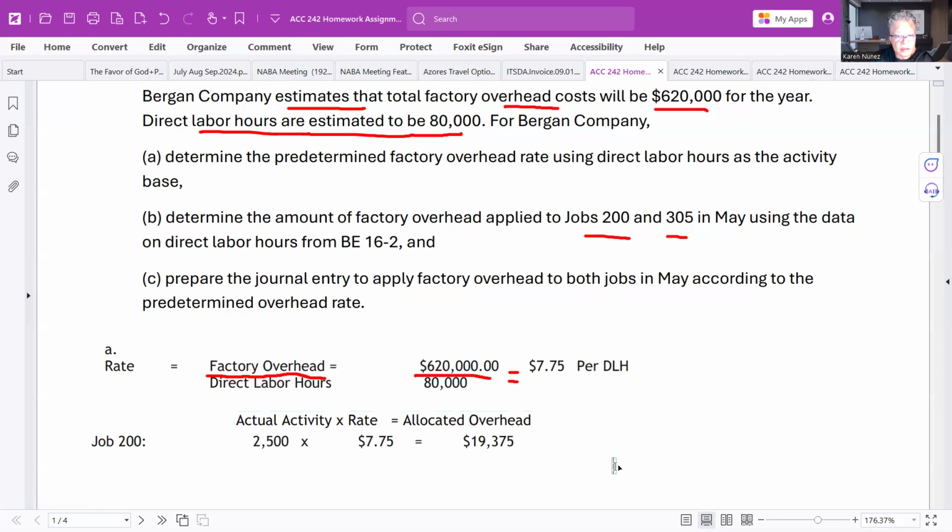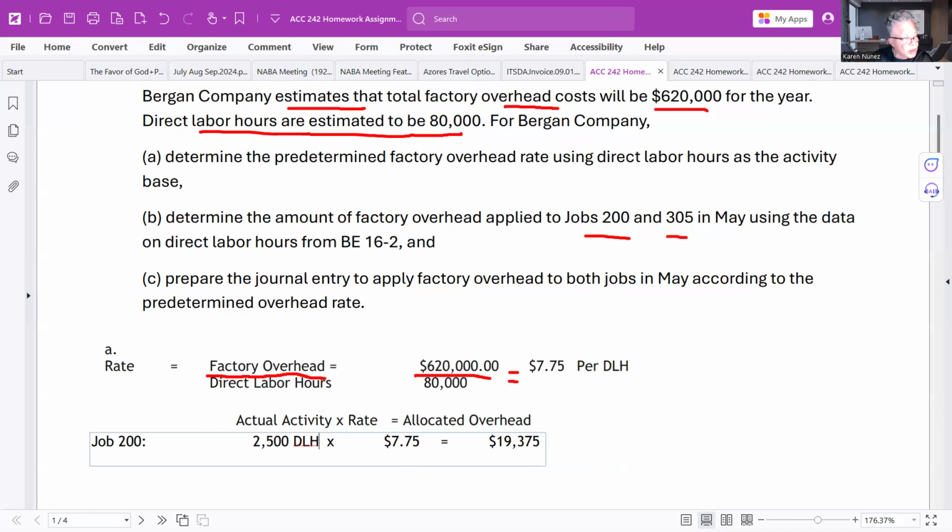That's what we've done. We've taken the actual activity, 2,500 direct labor hours, and multiplied times the $7.75. I always like to abbreviate direct labor hours as DLH.